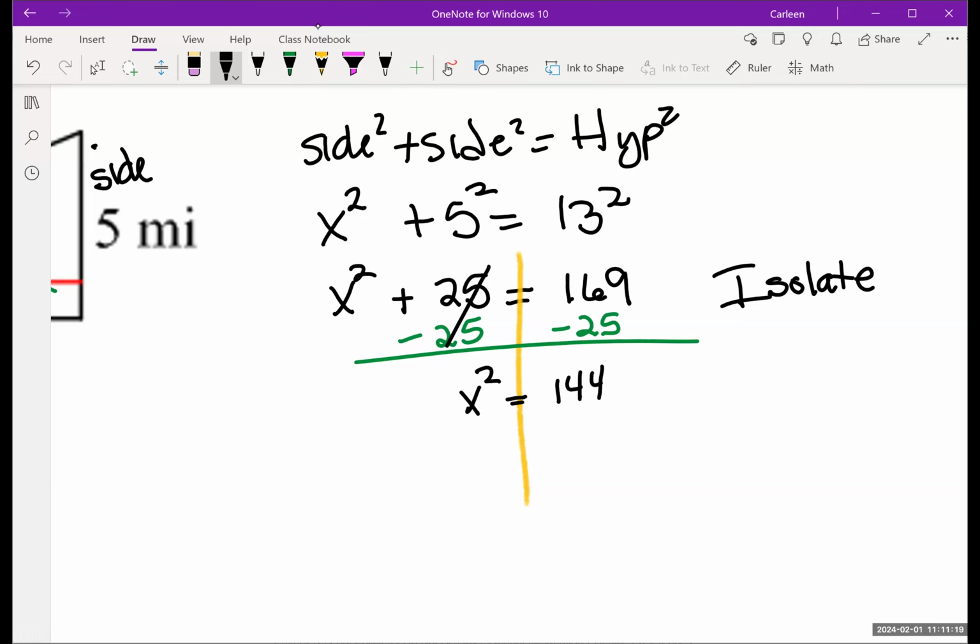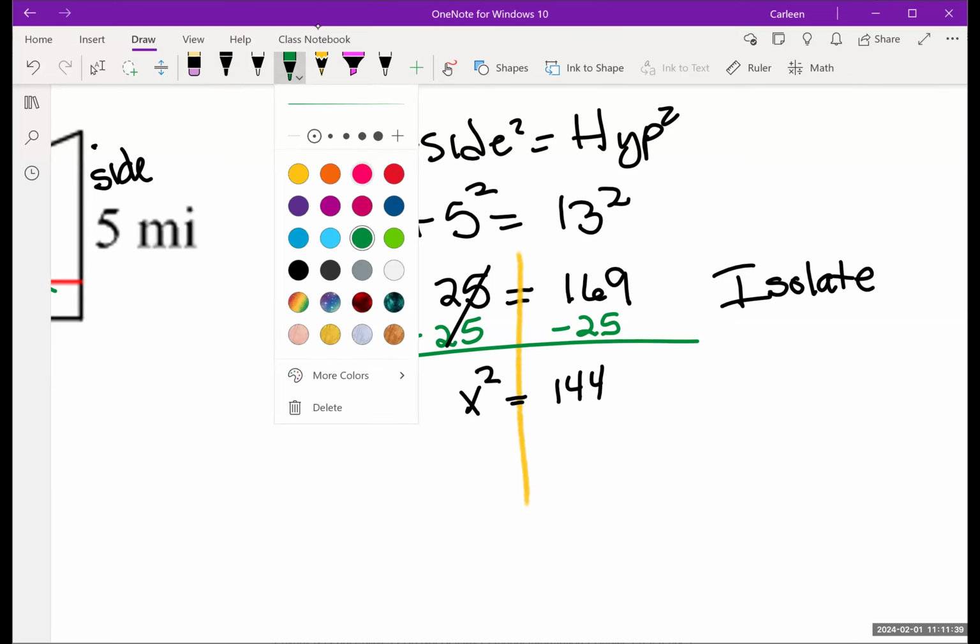Now, we're not going to go through the opposite of x squared again. We already did that. We're not going to talk about why. We're just going to do it. I need to isolate my variable. I need to cancel out. I need the opposite of x squared. What is the opposite of x squared?